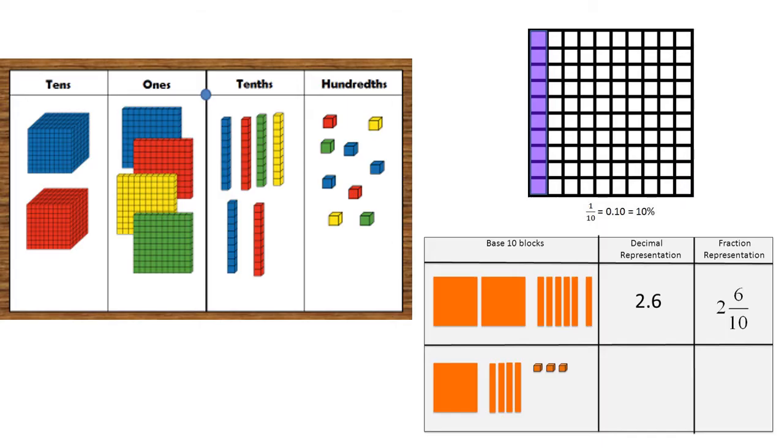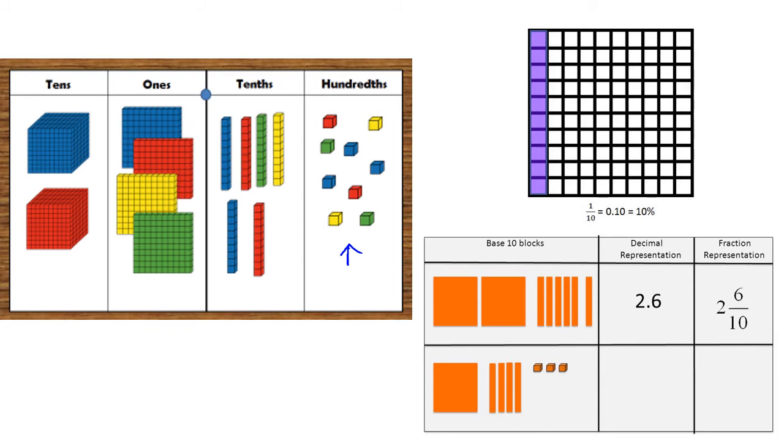Okay, the last way that you can show a decimal is using base 10 blocks. Now this gets a little tricky because your whole life, when you worked with whole numbers back when you were little, these meant different things. These little guys at the end, those were the ones, right? But now when we're working with decimals, we can let them represent whatever we want, right?